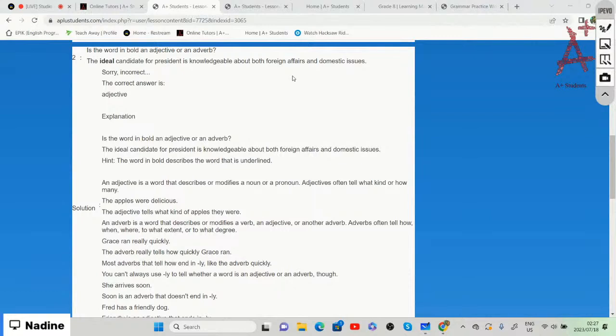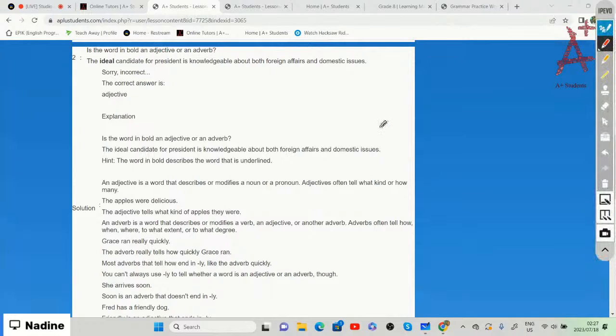It describes or modifies the word candidate, meaning it is a noun, which is a person. So we will say that it is an adjective. It tells us about the candidate, the person.